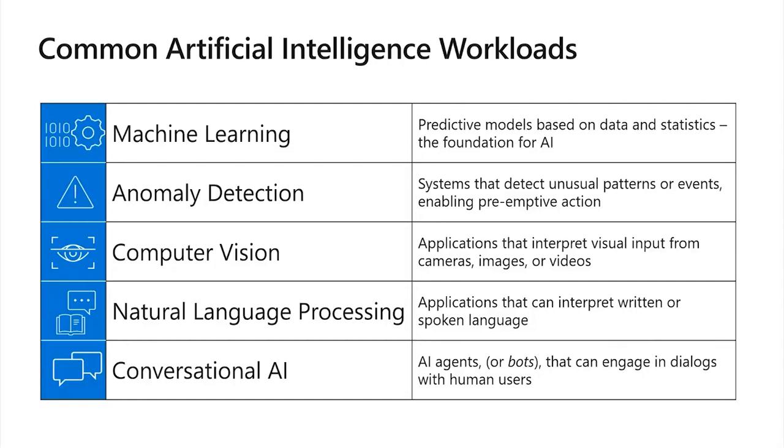The program then uses computer vision to assess the damage. Then it might also apply a machine learning model to predict the amount of repair costs associated with it. And finally, the bot could be using some form of anomaly detection to identify potentially fraudulent claims. So this entire solution uses a lot of different workloads.